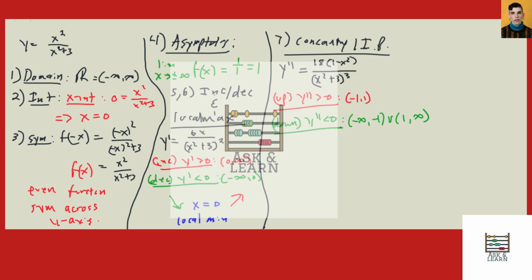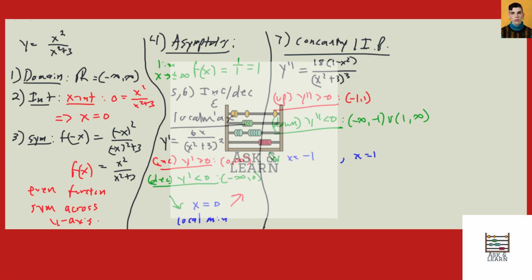And if we go ahead and put those 2 points that we found earlier, and then see if we have a change in concavity, we can determine if these are going to be inflection points or not. So on negative infinity to -1, the function is decreasing.